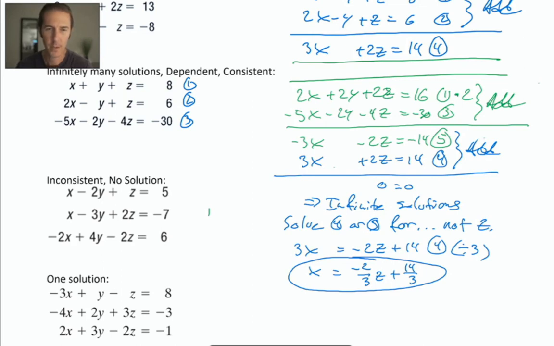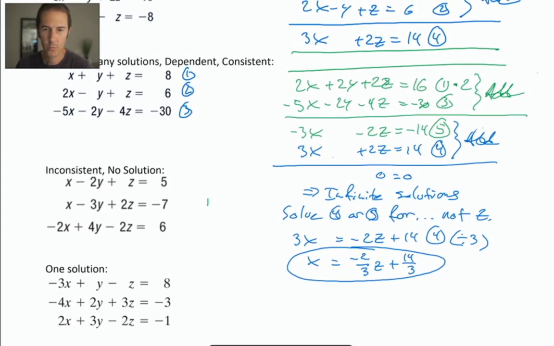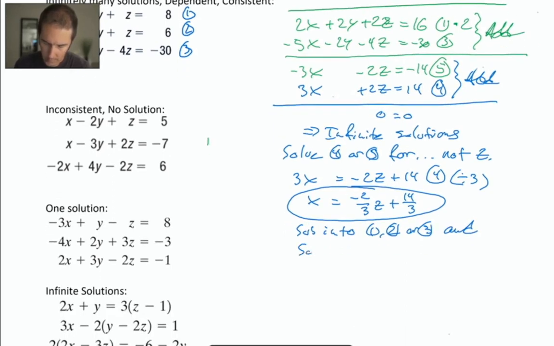What that's going to end us up with is an equation that only has y's and z's in it, since I'm plugging it in for x. Sub into 1, 2, or 3, and solve for, not z, whatever the other variable is, solve for that one.